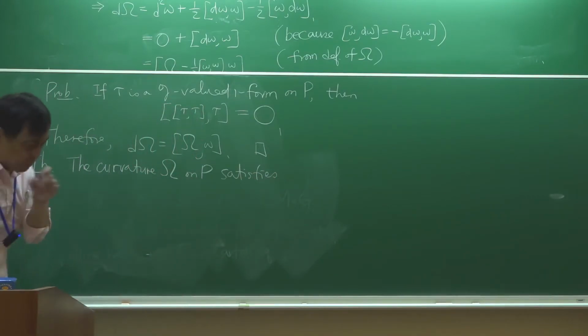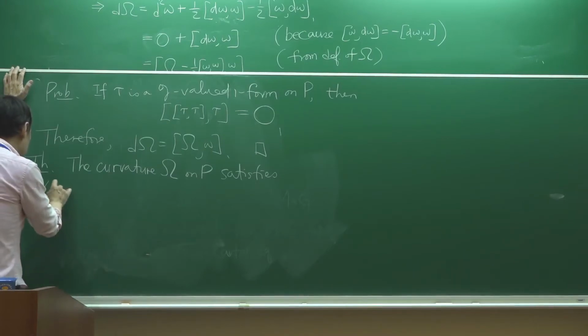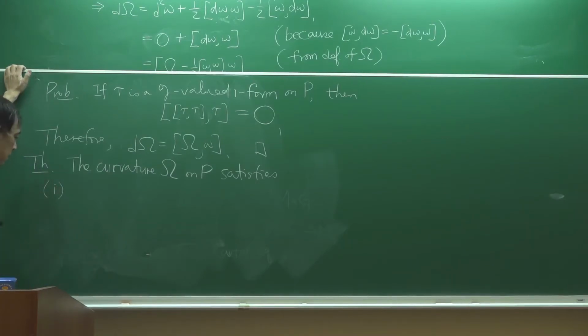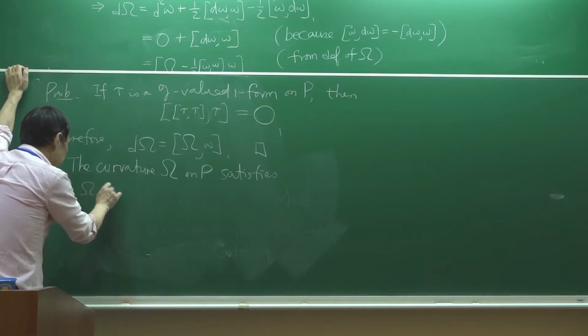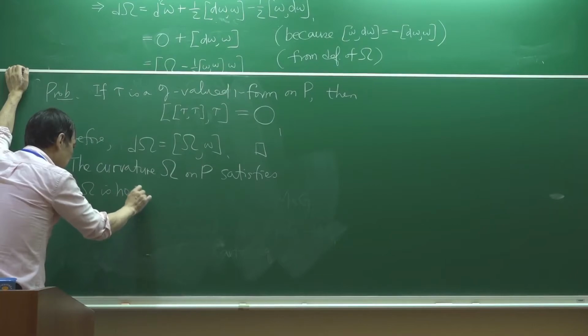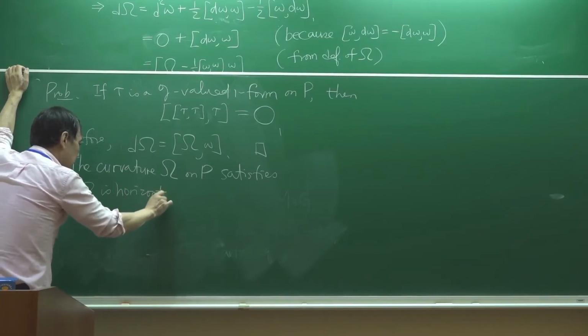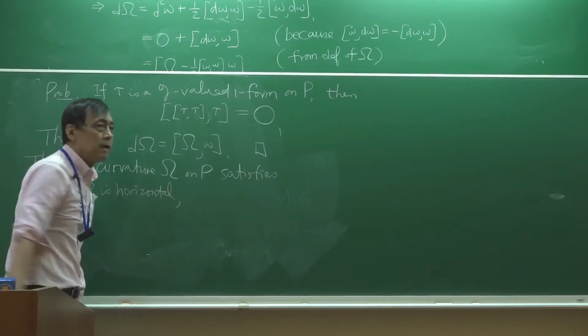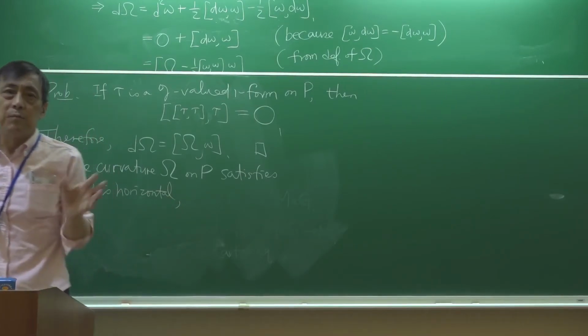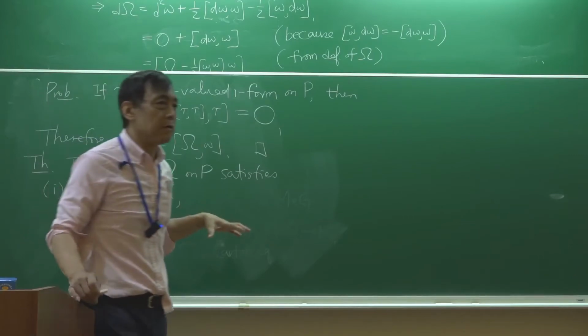So the first property is that it's horizontal. Now, what does it mean for a form to be horizontal?